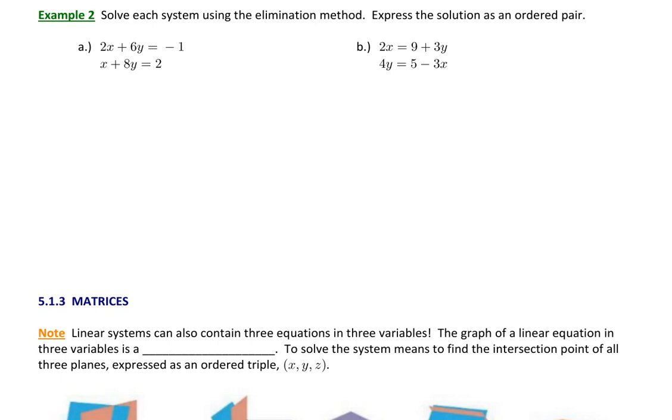And you can choose either variable. I'm going to choose to pick on x. The reason I think x will be easy to eliminate is because in equation 2, x has a coefficient of 1. If you see a variable with a coefficient of 1, that's going to be the easiest one to eliminate.